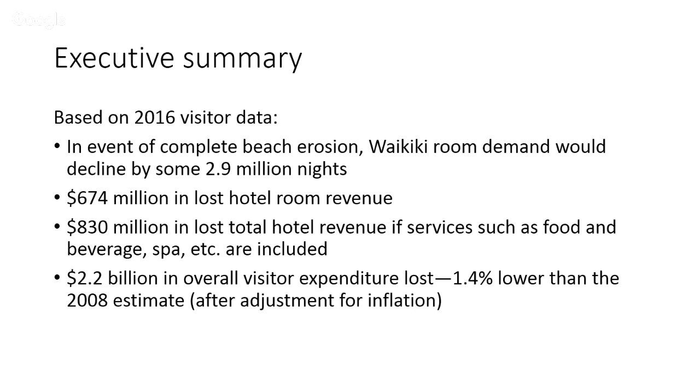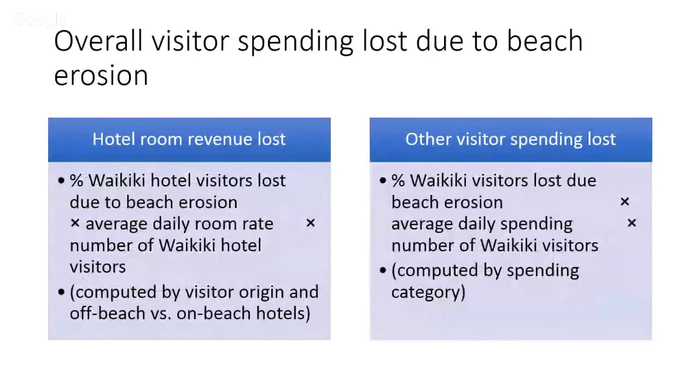This is lost spending, accommodations, in that sense. So we calculate basically the hotel revenue that would be lost in the situation. And we also looked at other visitor spending. So for example, is there some shopping that people won't be doing? Is there restaurant meals that people no longer purchase?